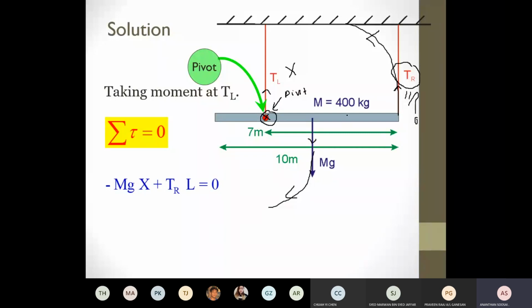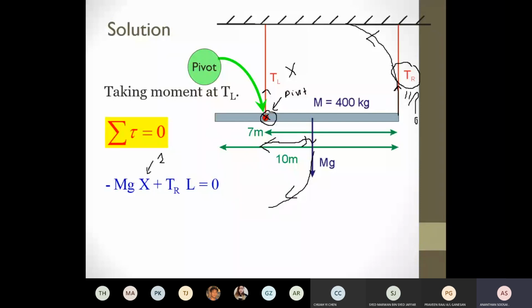Mg times x. How much will x be? X will be this distance. How much is the x in this case? 2 meter. So x is 2 meter.